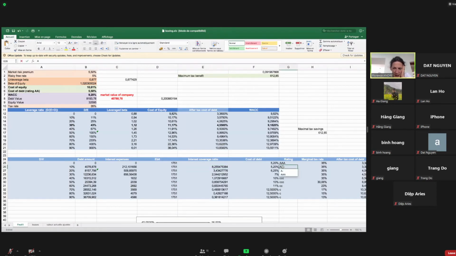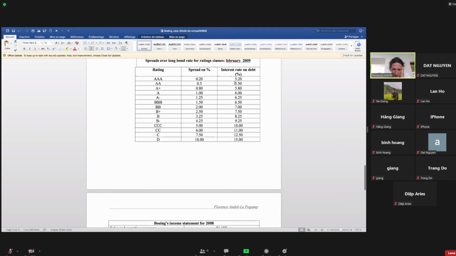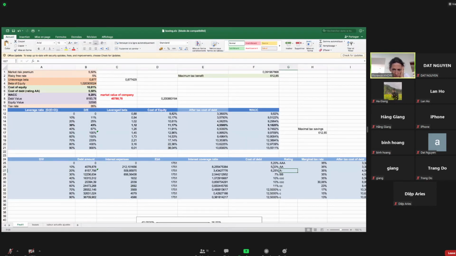If we are AA, that means we have a cost of debt of 5.5. So I come back and I put 5.5.